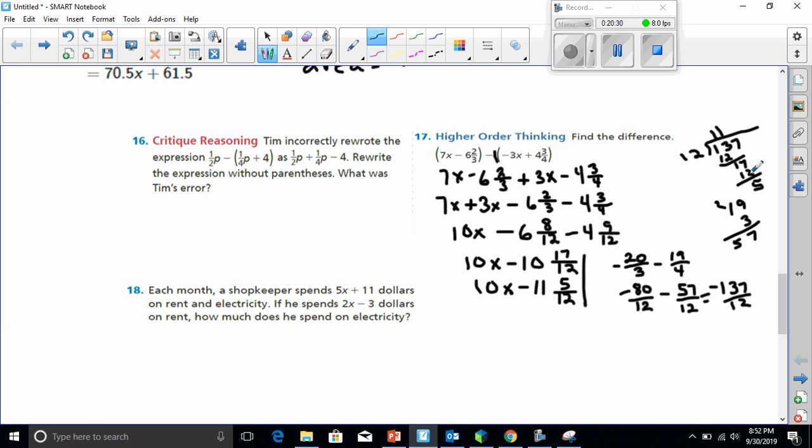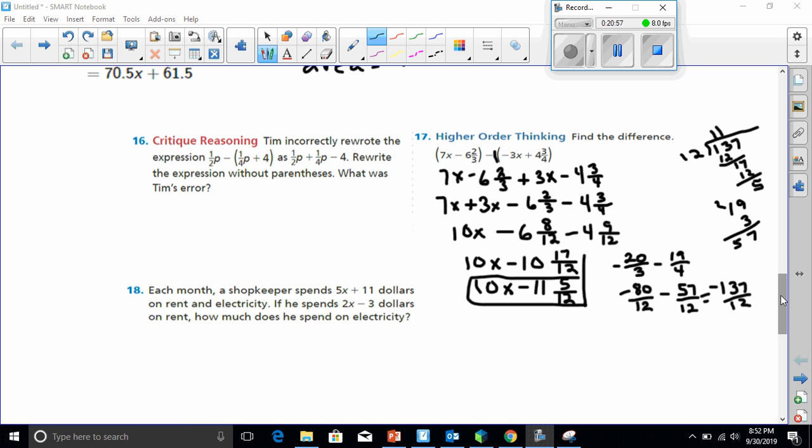Once again, you can see our answer would have been 11 and 5 over 12. And since they were both negative, it would have been negative 11 and 5 over 12. So our final answer is going to be 10x minus 11 and 5 over 12.